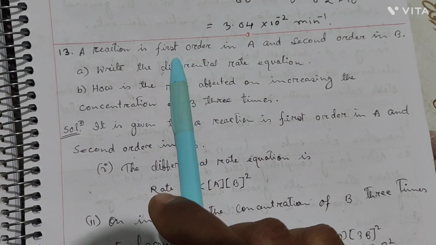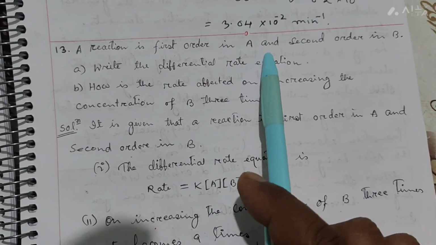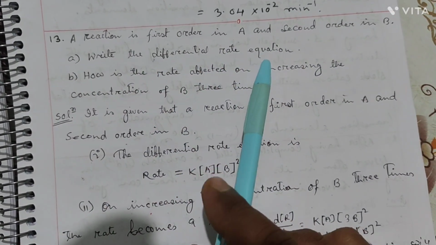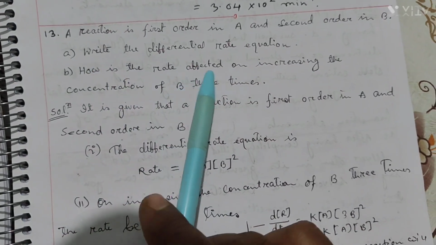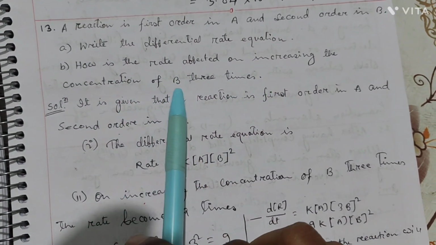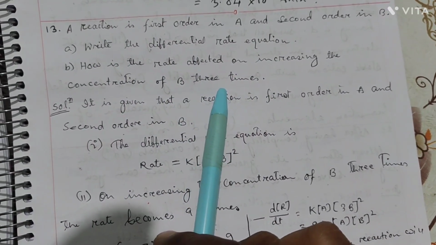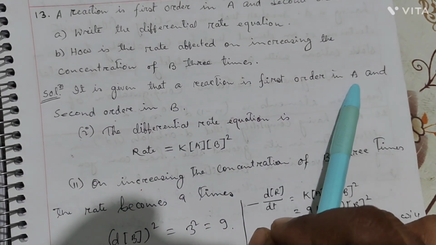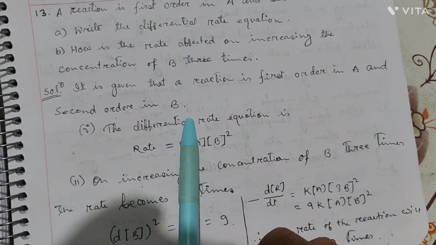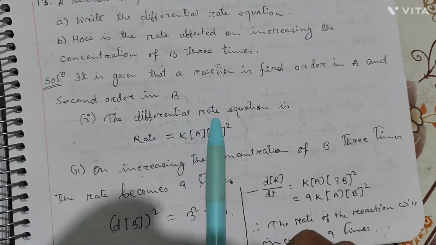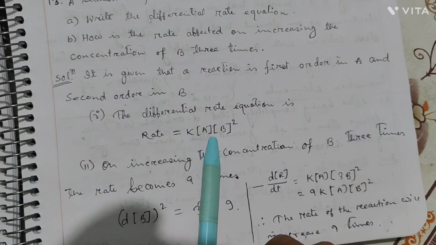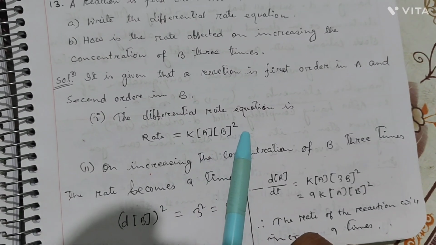A reaction is first order in A and second order in B. Write a differential rate equation. How is the rate affected on increasing the concentration of B 3 times? See the solution. It is given that a reaction is first order in A and second order in B. In this case, the differential rate equation becomes rate = k [A][B]².